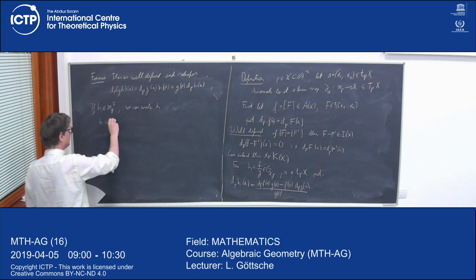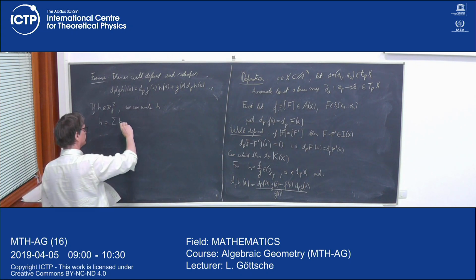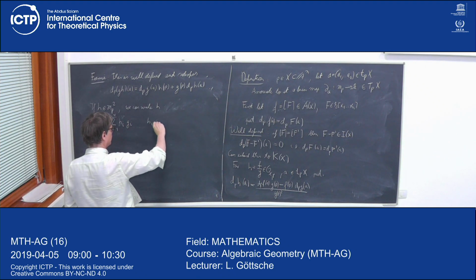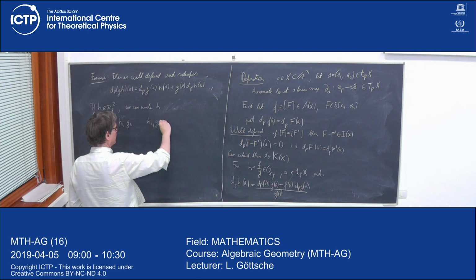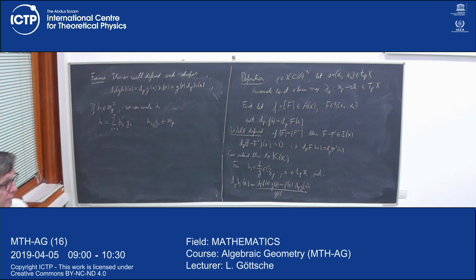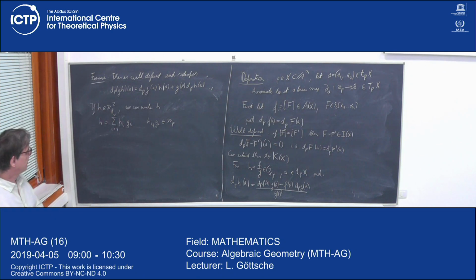So H equals the sum of H_i G_i, where both H_i and G_i are in the maximal ideal of P, no, because M_P squared is just generated by these elements.